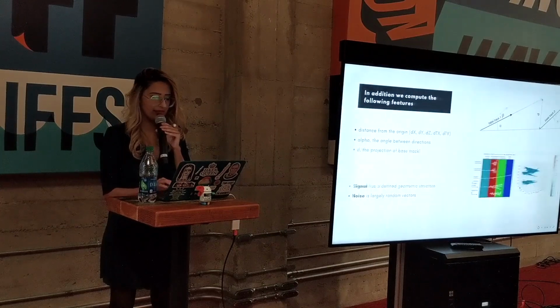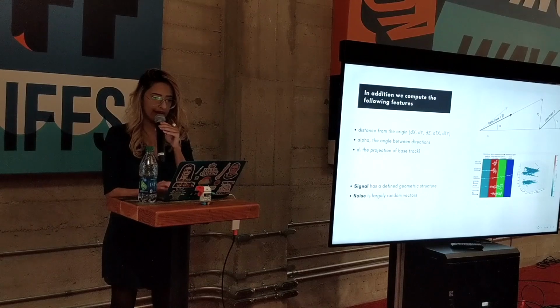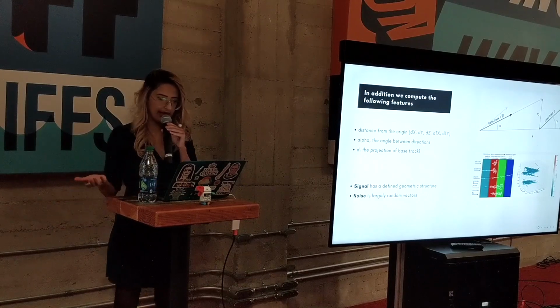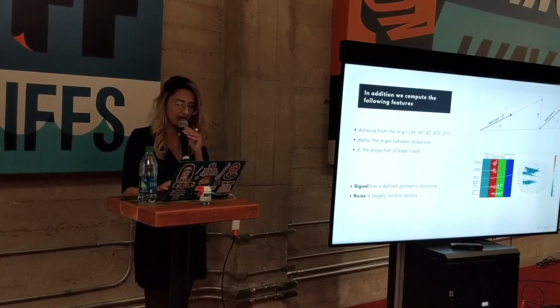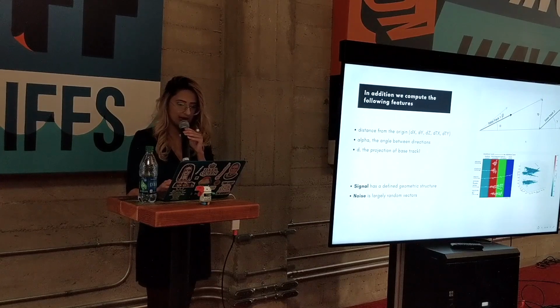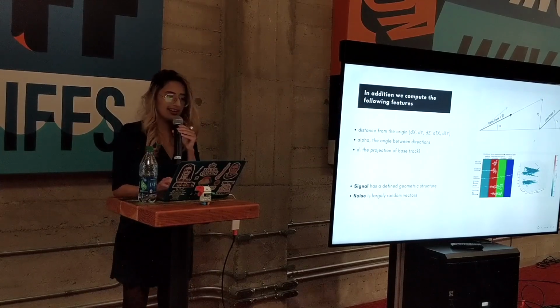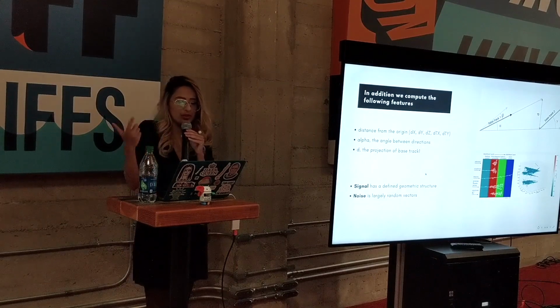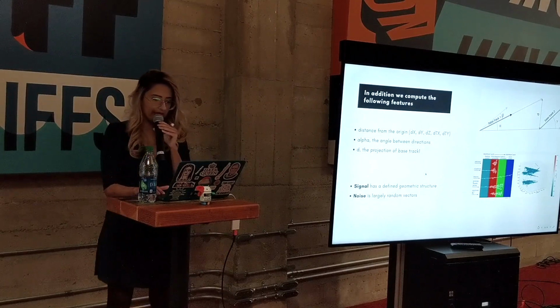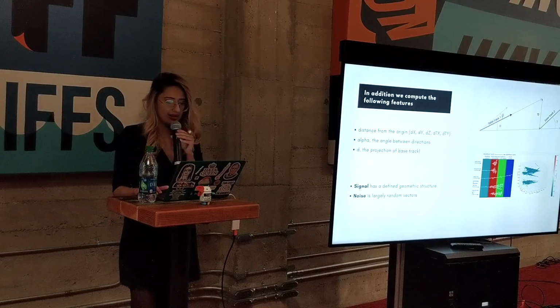We also make some additional features: we calculate the angle of the base track from the plane, and we calculate the projection of the base track on the plane. And there's the distance from the origin, but again, the origin is not available in all data sets.